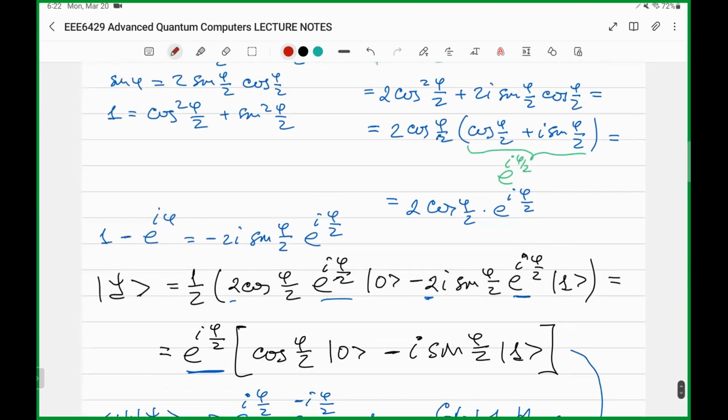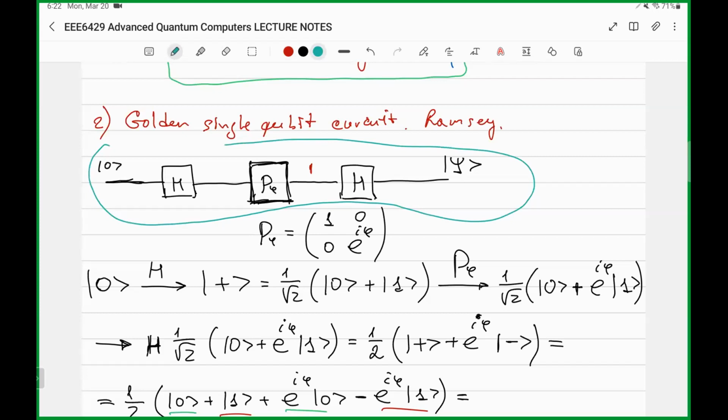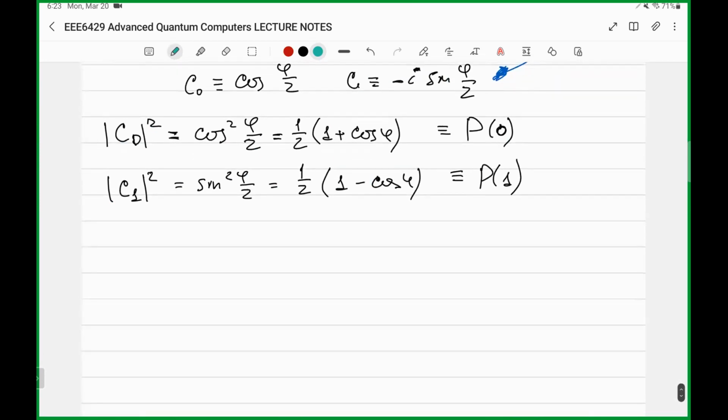So a system like this circuit is also an interferometer. This Golden Single Qubit circuit is an interferometer, and it gets a special name, after Ramsey. This is the Ramsey Interferometer.